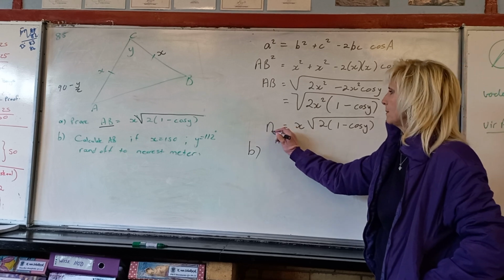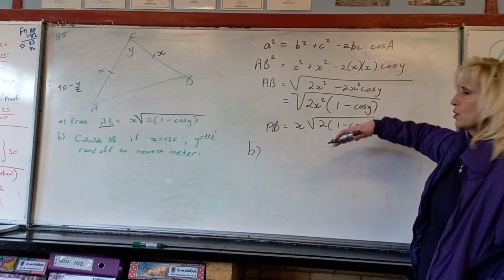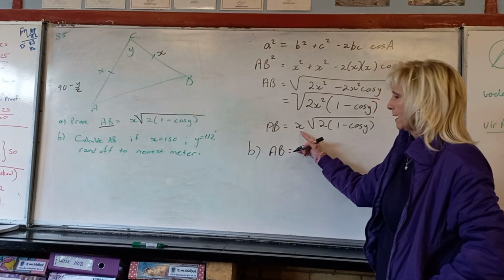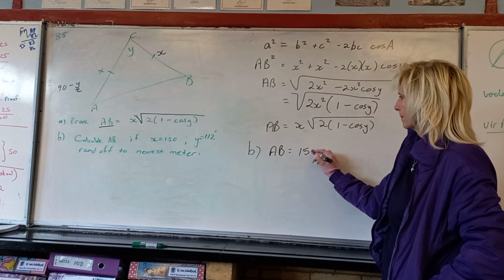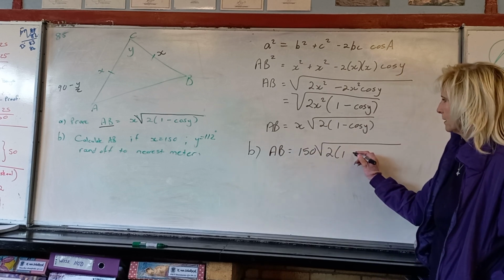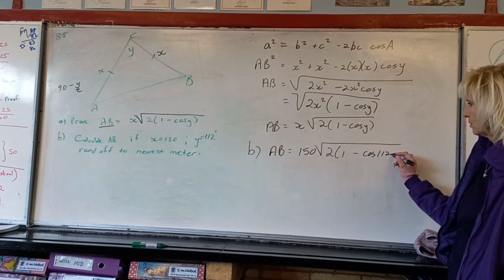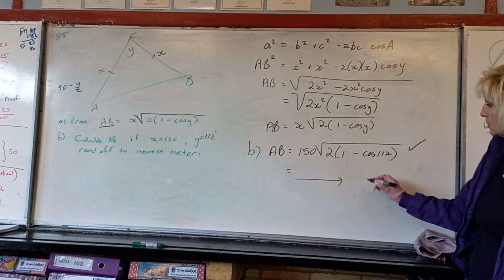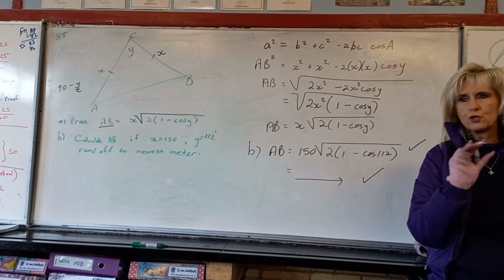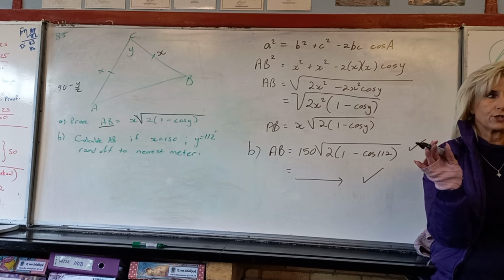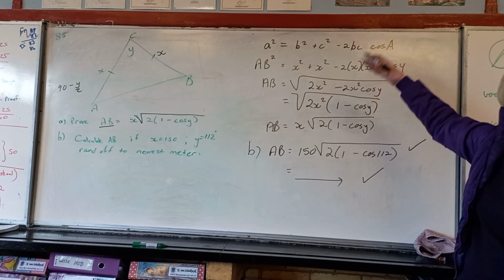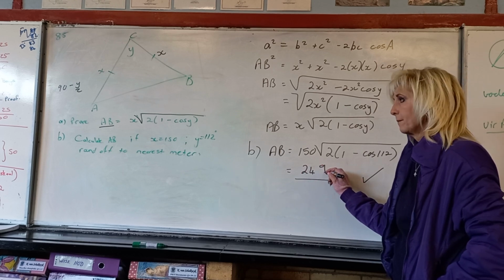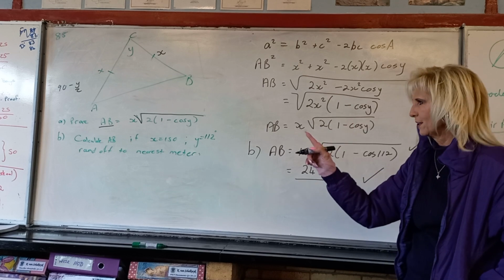They gave you that AB was equal to that. Then you can get your 2 marks here for saying x is equal to 150, 2 in the bracket, 1 minus cos 112, and you take it into your calculator and get me an answer. 1 for the substitution, 1 for the answer, 2 marks for level 0 work actually. Are you with me? Even if you do nothing there. What's the answer, please? 249 exactly. Oh yes, thank you for reminding me.